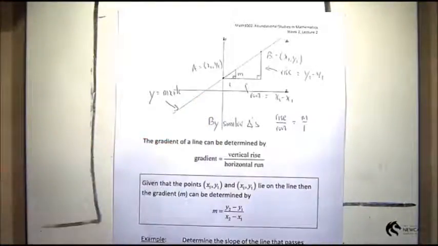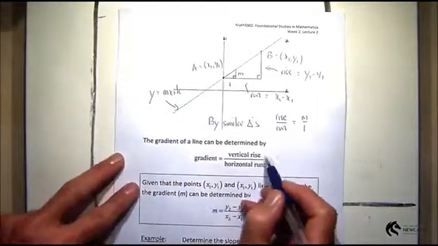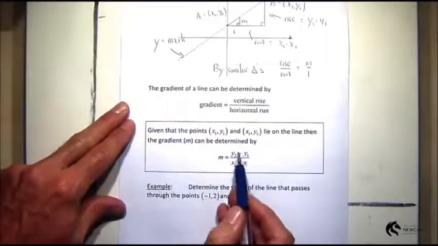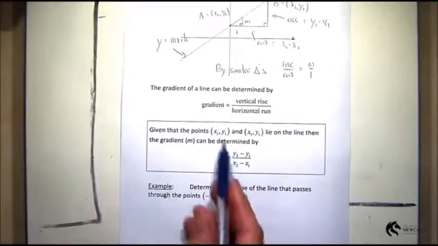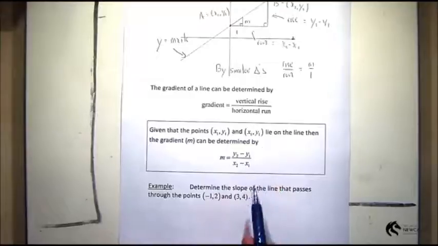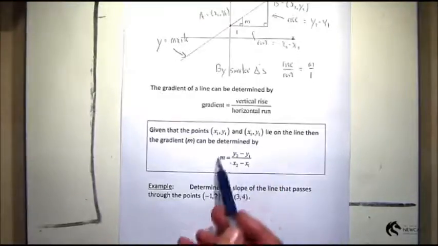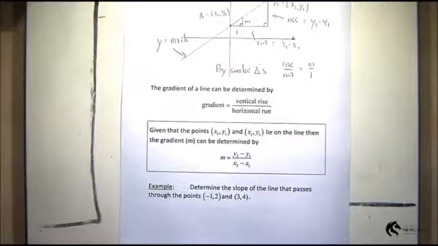So the gradient is the rise over the run. So given 2 points that lie on the line, I can work out the gradient via that formula there, y2 minus y1 over x2 minus x1. And that is rather important as well.